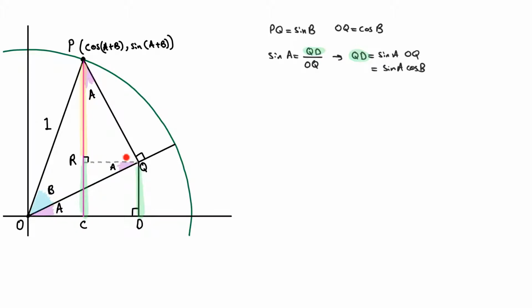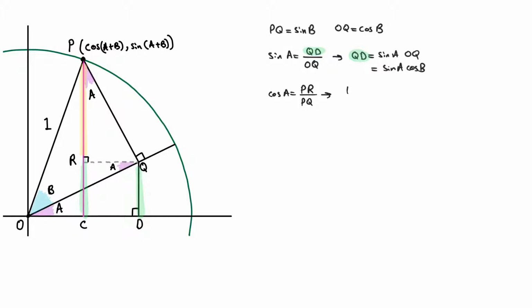Now we will use this triangle over here to find this side over here. We know that this side is adjacent in this right angle triangle. Therefore, cosine of A is going to equal the adjacent side, which is PR, over the hypotenuse, which is PQ.